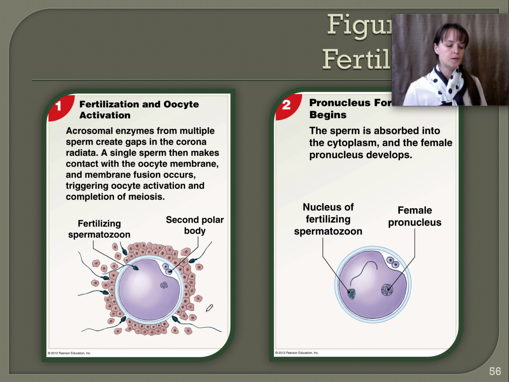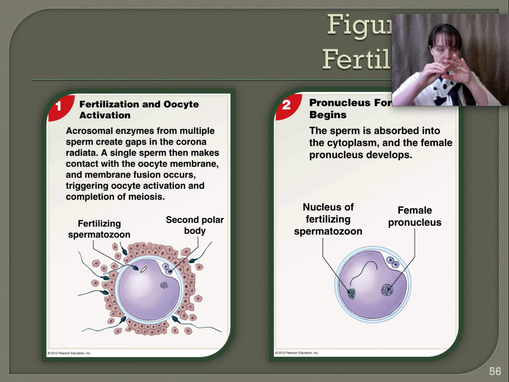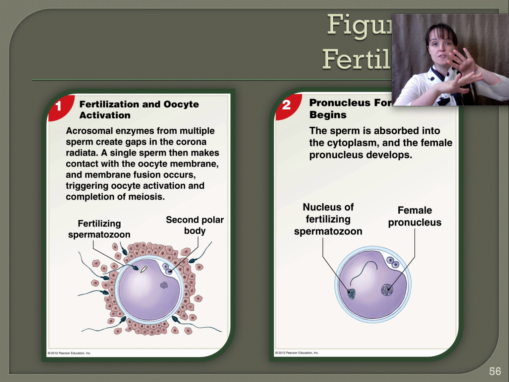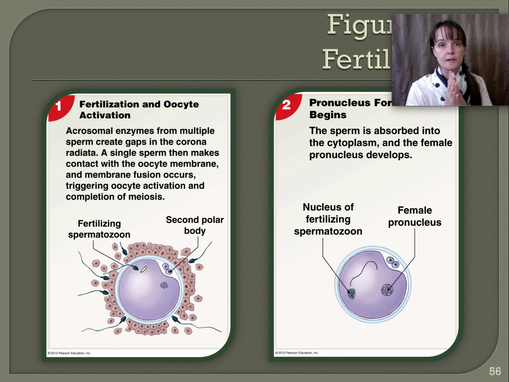Okay, oocyte activation: the changes in the oocyte when it is fertilized. When it is fertilized, the cell membrane of the sperm fuses with the cell membrane of the oocyte, and the genetic contents of the sperm are just injected into the egg.